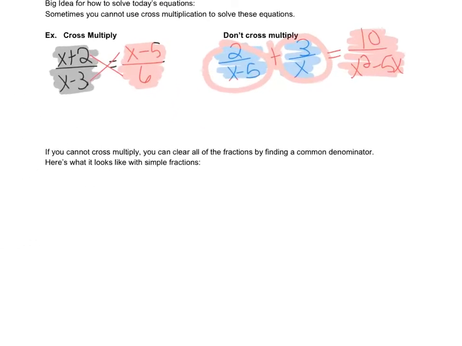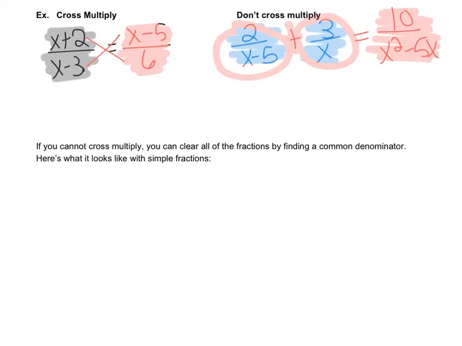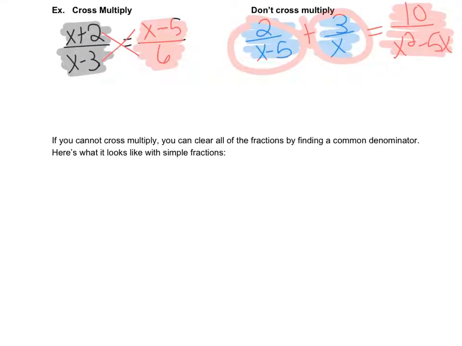And so what we are going to do is we are basically going to clear our fractions by finding a common denominator. So what that looks like with plain old simple fractions, as much as we might hate fractions, I'm just going to do a true statement, okay? If I have 1/4 plus 5/4, I just didn't want it to equal 1 whole, okay?